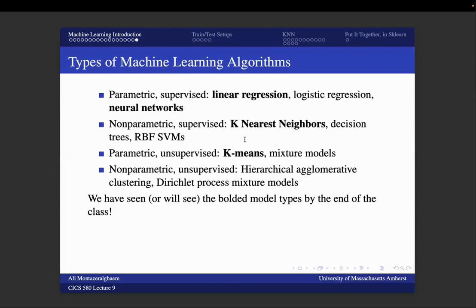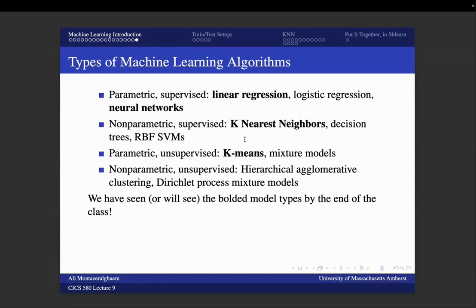But let's see some examples of machine learning algorithms. For example, linear regression, logistic regression, and neural networks are parametric and supervised approaches. And for non-parametric and supervised approaches, we can name k-nearest neighbors, decision trees, and RBF SVM.